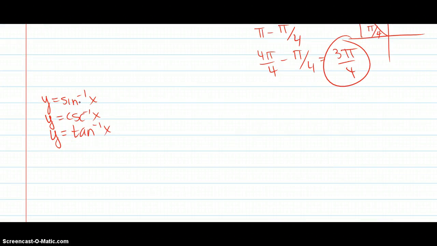So to summarize this, y equals sine inverse of x, y equals cosecant inverse of x, and y equals tangent inverse of x, all the inverse functions are going to be from quadrant 1 and 4.